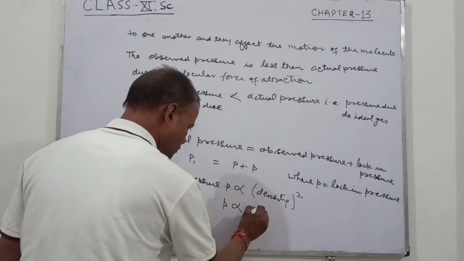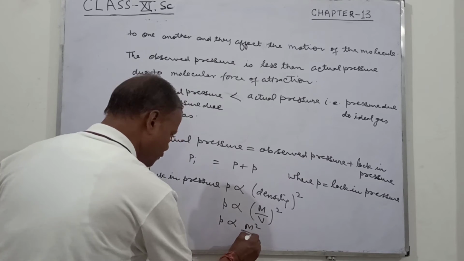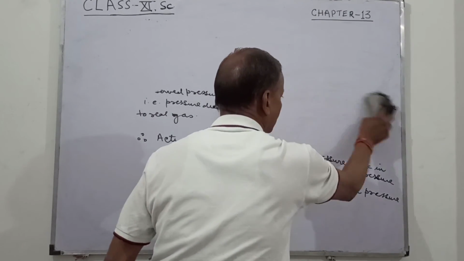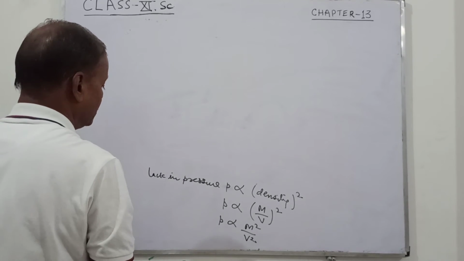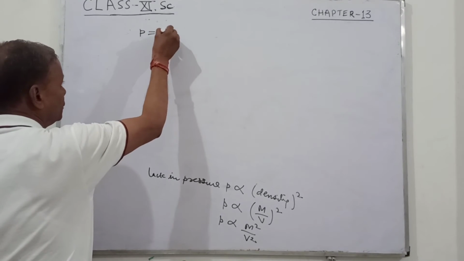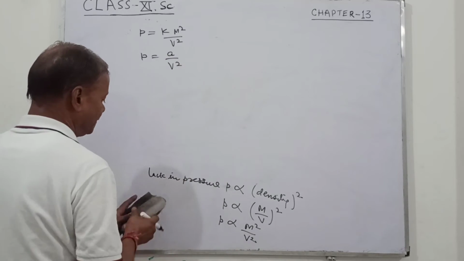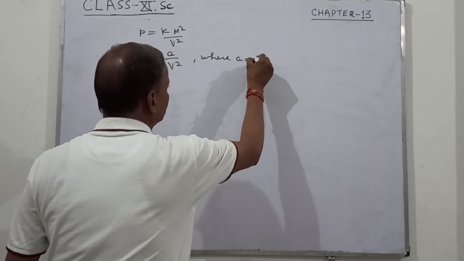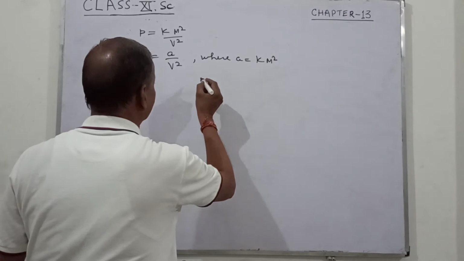So p is proportional to m square upon V square, and we can have p equal to K m square upon V square, or p equal to a upon V square, where a equal to K m square, m the mass of the gas or the molecular mass, called the Van der Waals constant.